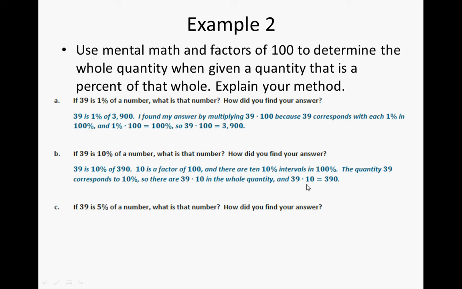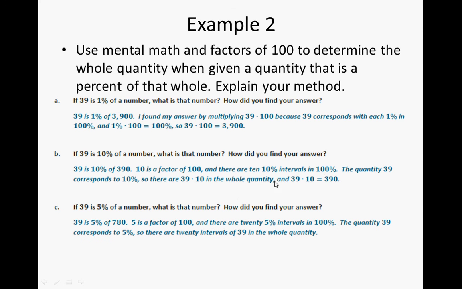Or actually, what is double that? Because if we're taking half of that, then we are multiplying it by 2. 390 plus 390 is 780. So again, 5 is a factor of 100. Since there's 20 of them, then 20 times 39 is 780.